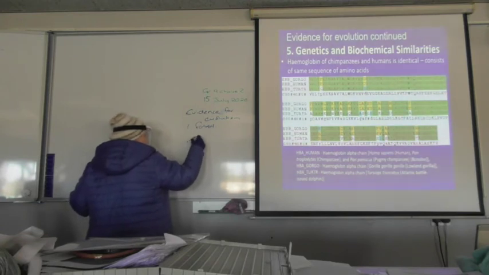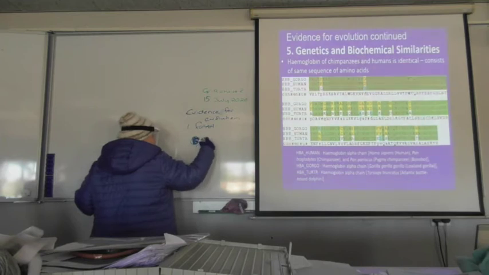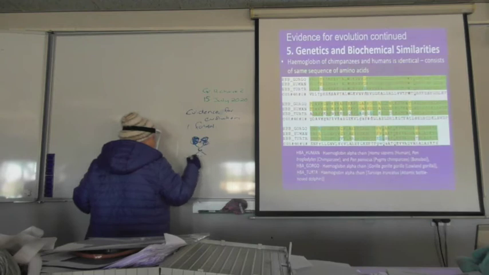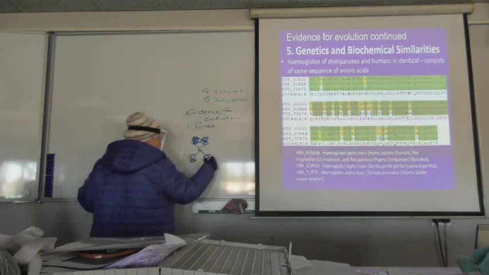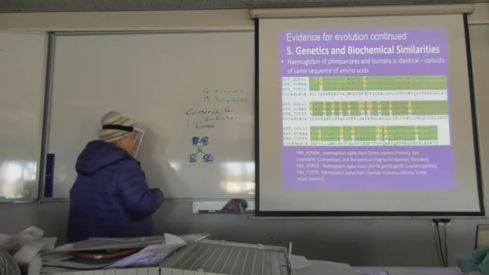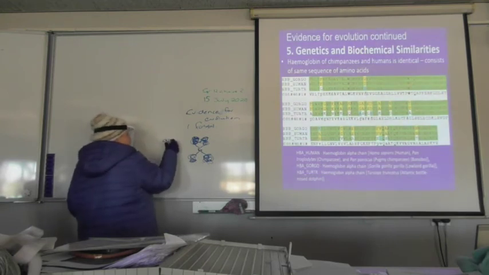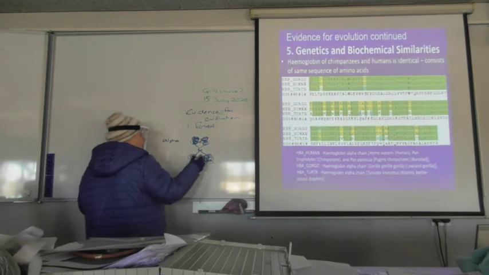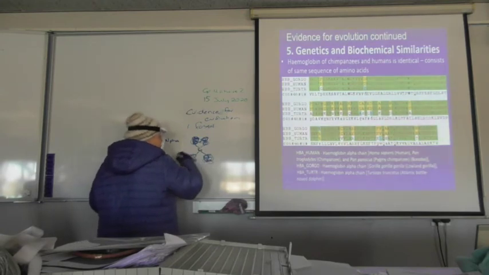There are 2 alpha chains in hemoglobin. They're identical to each other. And there are 2 beta chains that are identical to each other. So together, this is hemoglobin.